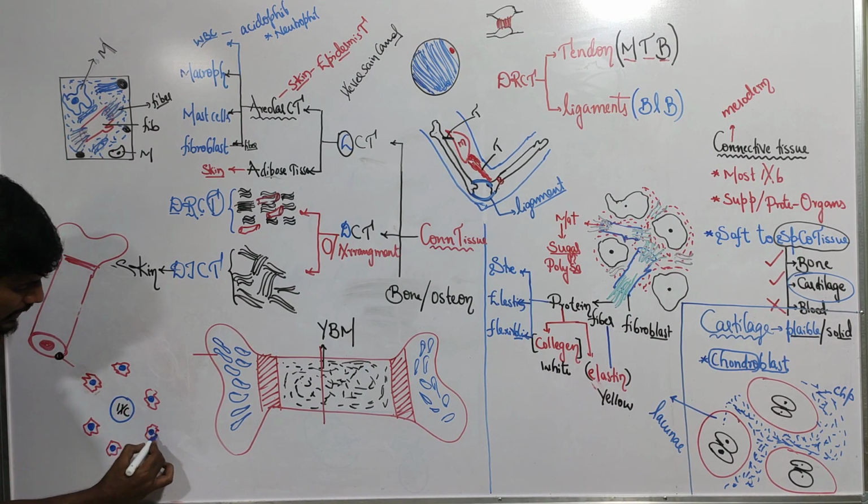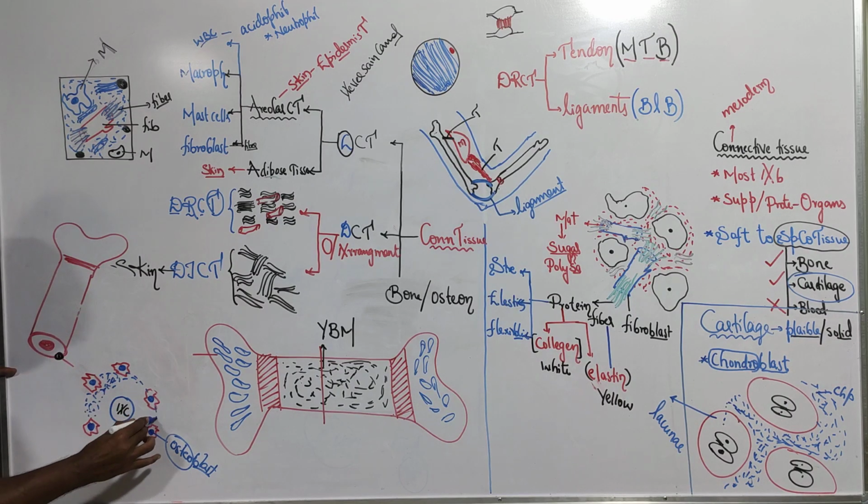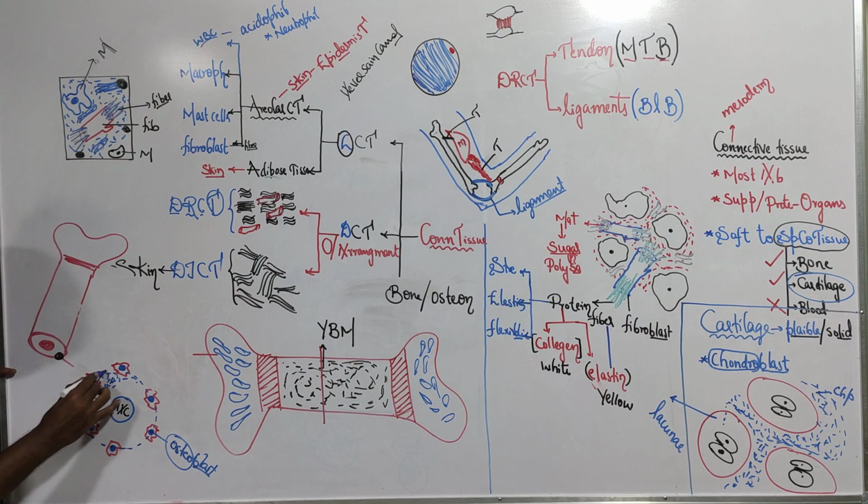Blast means immature cell. Osteo means bone. They are making bone, and these cells are secreting the matrix, the protein, in this manner, in circles.